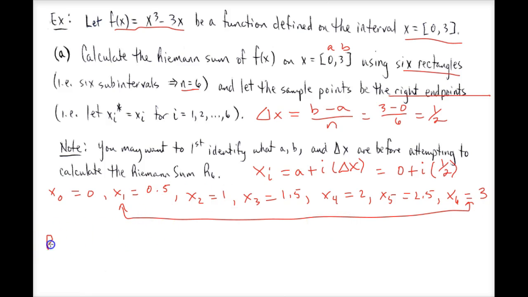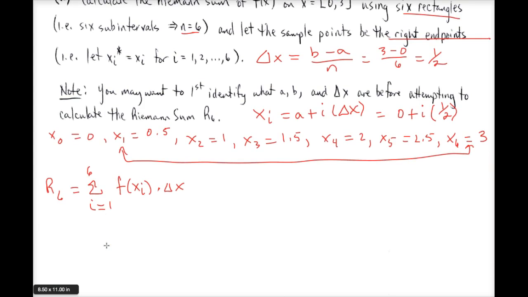For our right endpoint estimate using 6 rectangles, we'll use the summation from i equals 1 up to 6 of f of x sub i times delta x.